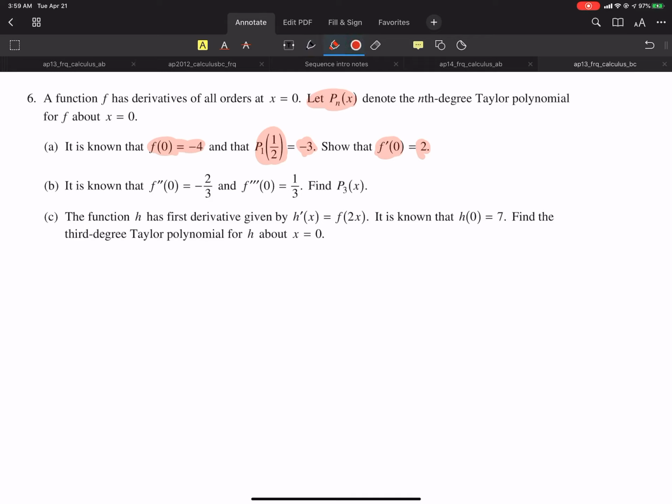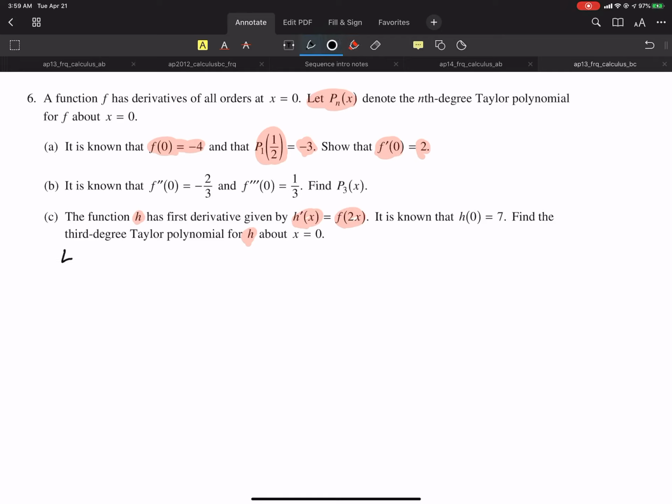So we're given a new function h, and the derivative of h is f of 2x. And we want the Taylor polynomial for h. So we already used P. P is a Taylor polynomial for f. So we need to choose a different symbol. They chose Q. That's easy.